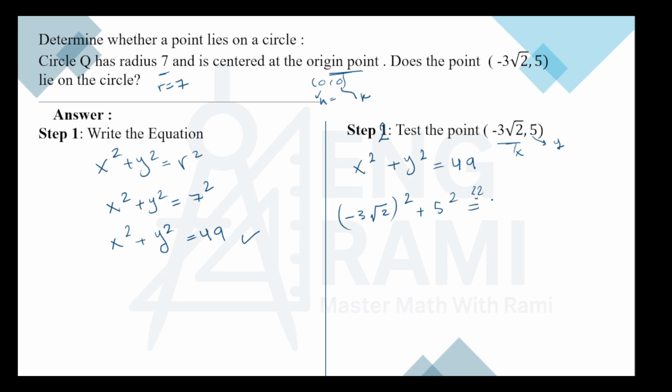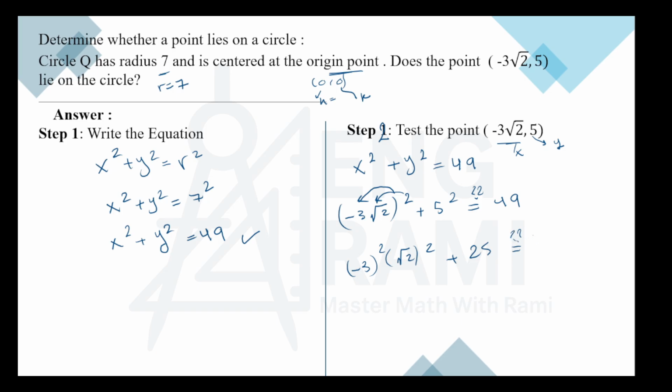Does it equal 49? Then I have to ask myself this question. The square will be in here and in here, then (-3) squared, and this is square root of 2 squared, plus 25.